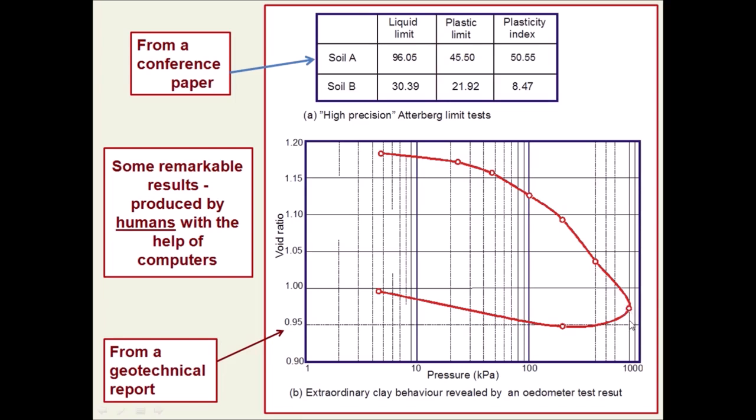I suspect that that point should have been down here, in which case this curve would have come down to that point and come back along that line there. But putting a curve like that into a report that's going to be read by lots of people, people are going to dismiss that as an error of some sort.